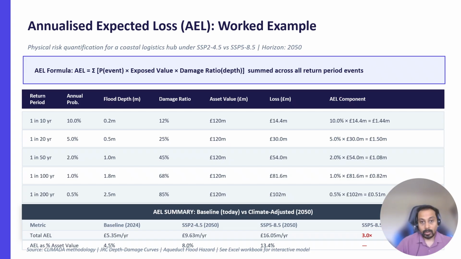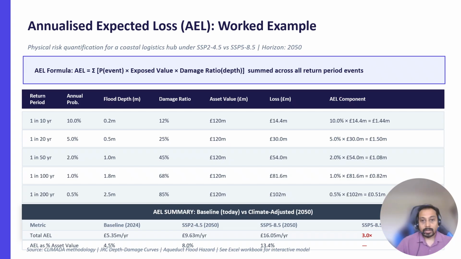A 0.2 meter flood causes about 12% damage to the asset. That's 14.4 million. So we add business interruption loss for the days the facility is shut down. Then we deduct insurance coverage at 75% and multiply by the annual probability to get the AEL component for that particular return period event, for that 1 in 10 years.